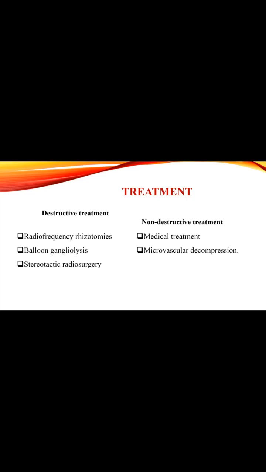This provides benefit to more than 75% of the patients. The mechanism of action of carbamazepine is that it modulates the voltage-gated sodium channels, leading to a decrease in neural activity.